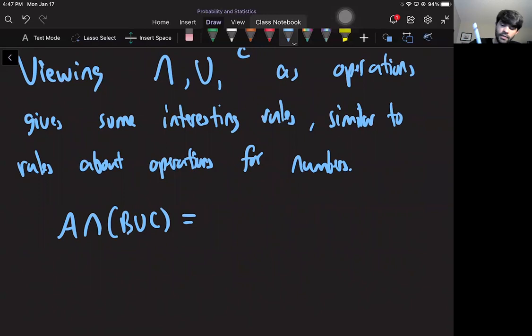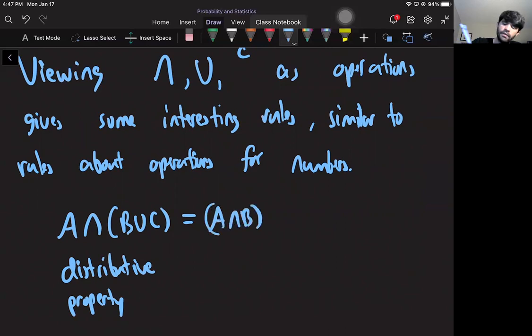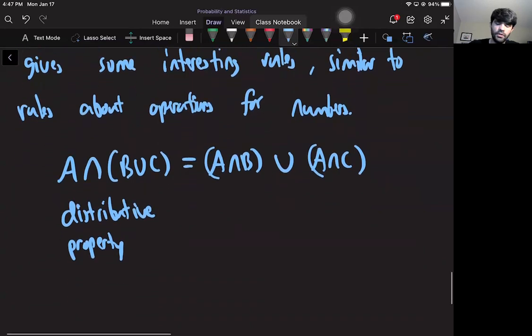And the intersection actually distributes. So this is a distributive property, just like multiplication distributes over addition. So you can do A intersect B and A intersect C independently, and then union them together after, and you get the same thing. So it works just like for numbers.